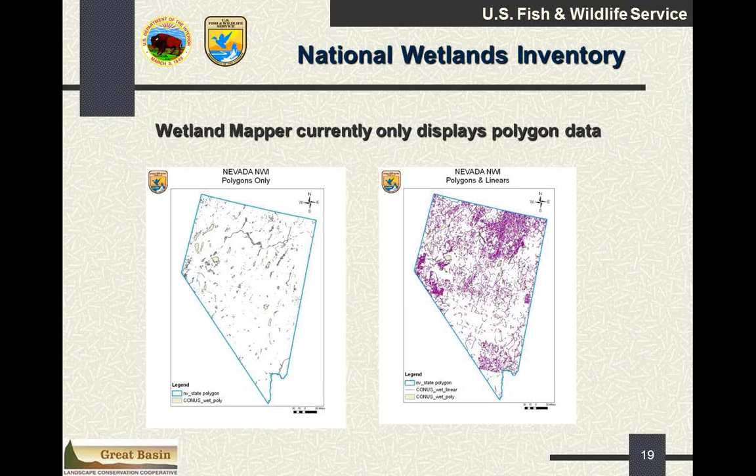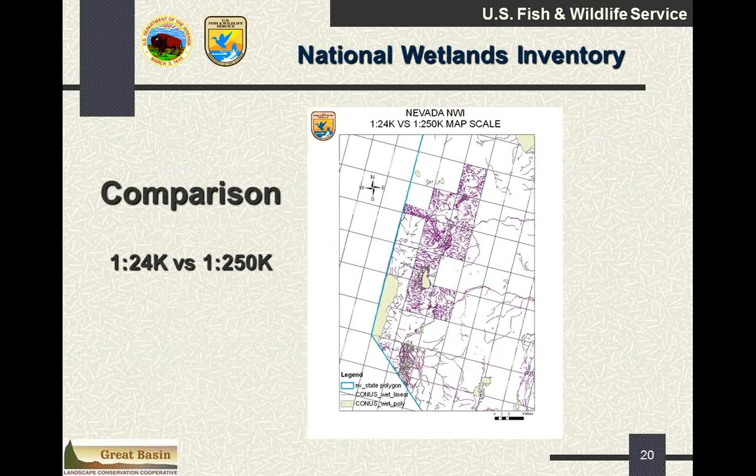So this is just a little comparison of the 1 to 24,000 scale for the Reno-Carson area and what it looks like next to 1 to 250,000 scale imagery. So you can see pretty easily exactly which USGS 1 to 24,000 quads were actually done at 1 to 24,000 in this comparison.